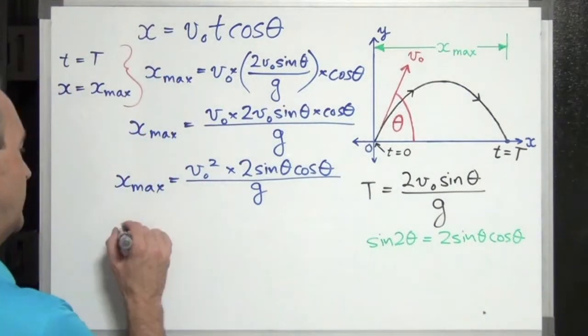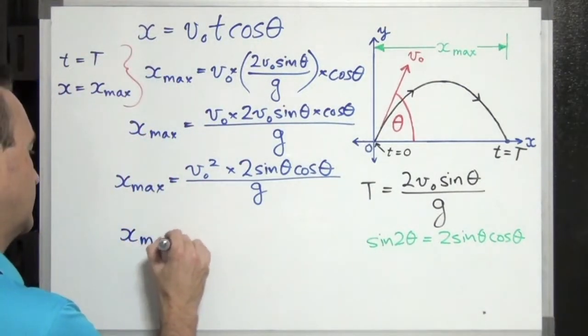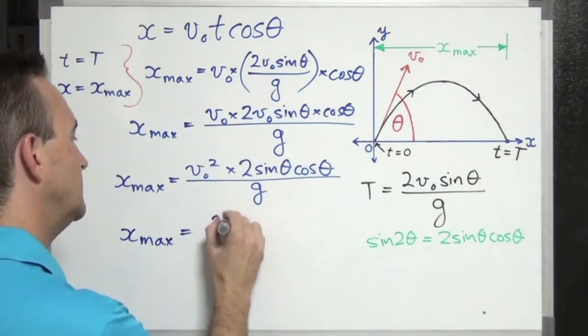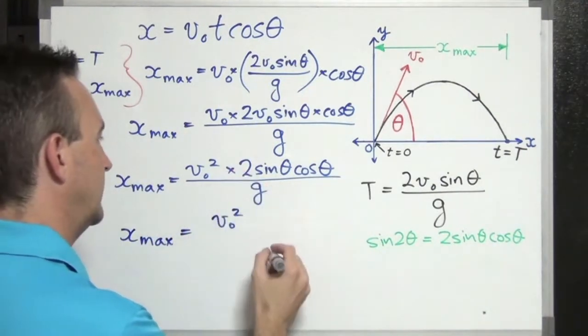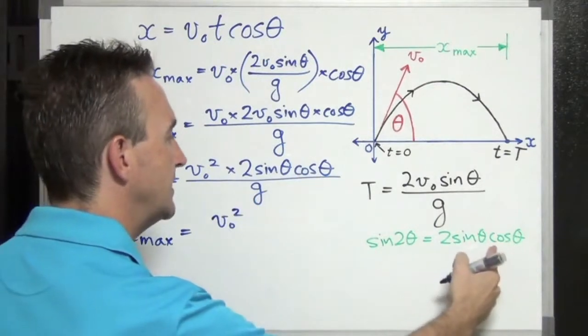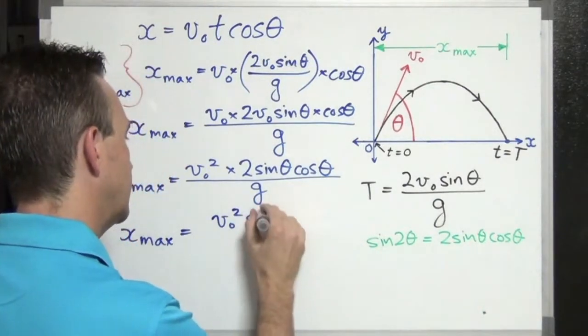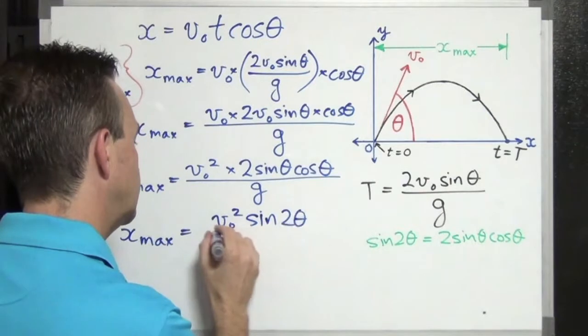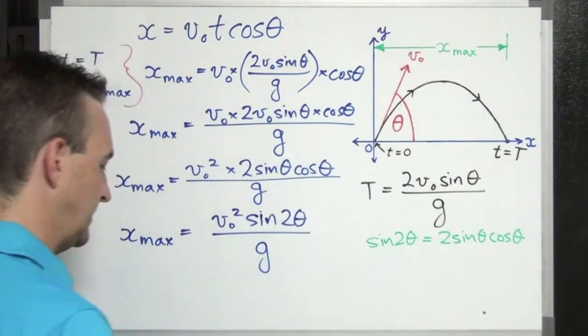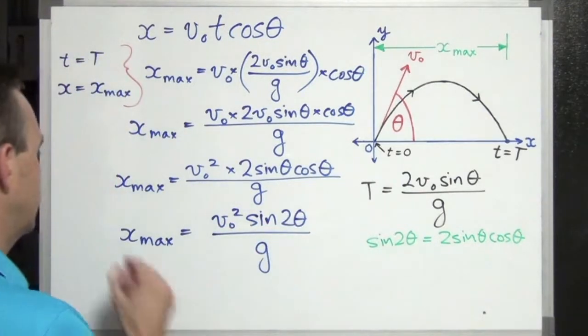And let's do that here. So x max can be simplified to v naught squared times sine 2 theta all over g. And there you have it.